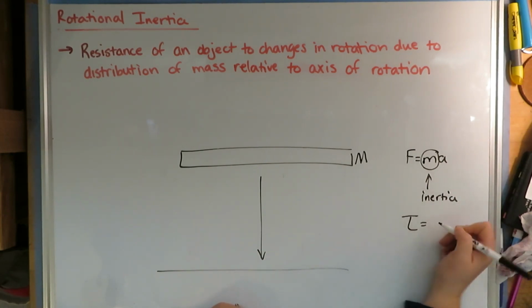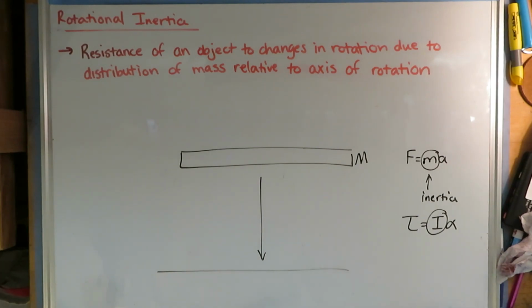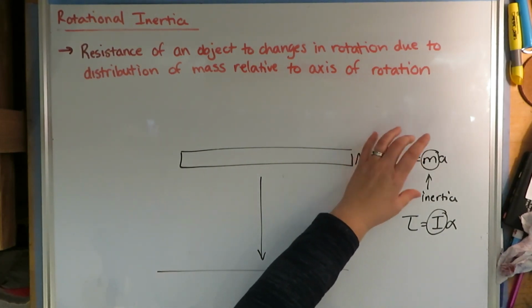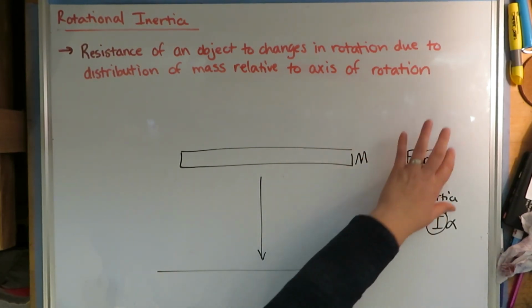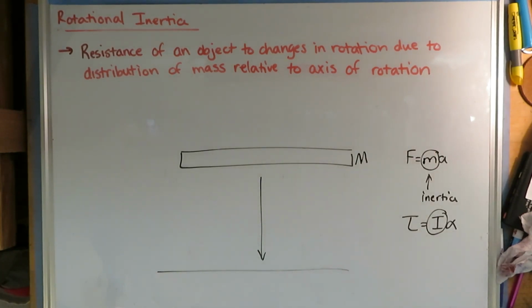So when we look at Newton's second law for rotation, our rotational inertia came in a very similar format. There's a similar relationship between force and torque as there is between linear acceleration and angular acceleration. So there is going to be a relationship here with rotational inertia.